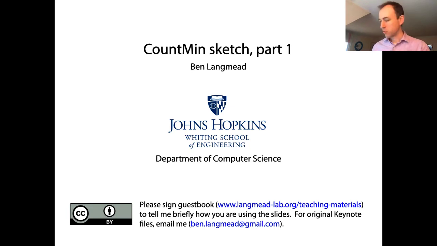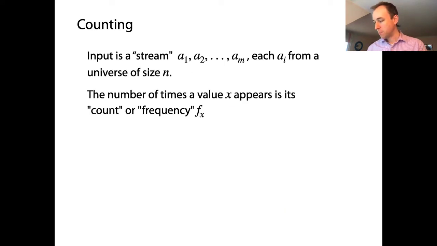And let's talk first about the problem setting that we're in. So again, our input is, we might say a data set, or we might say a stream. It's a sequence of values that are coming at us. For the purpose of this discussion, we're going to call them A1, A2, up to AM. And each of those items in the stream is from a universe of size n.